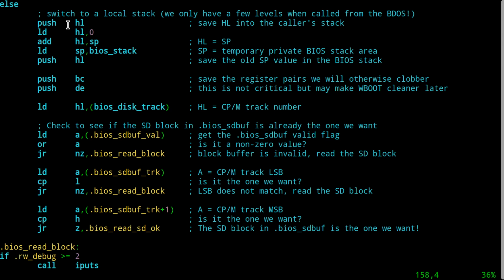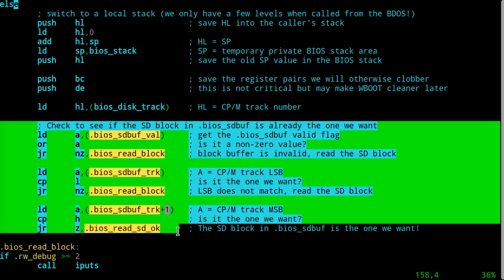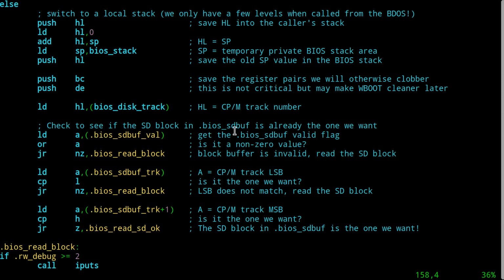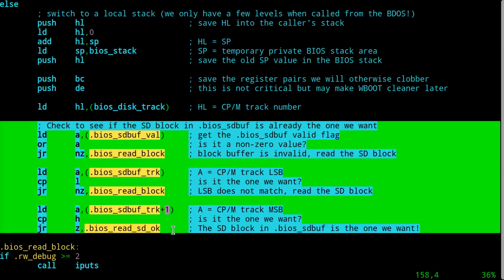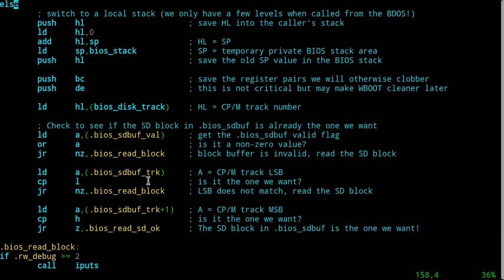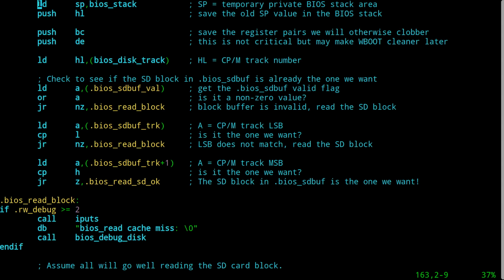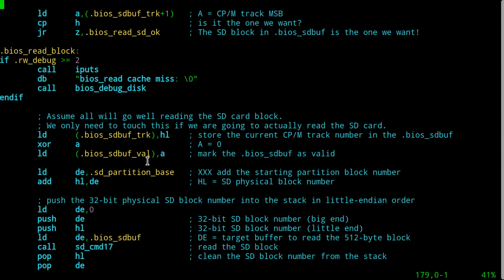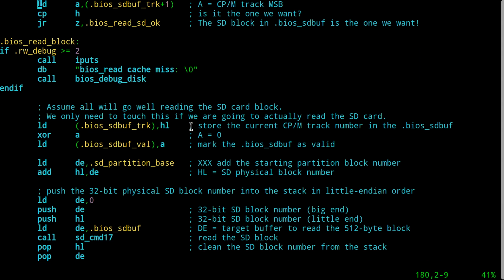We're going to, for the most part, still need this code. But down here, when it says, oh, I want to see if the SD card is in the buffer and so on, this is where our new cache logic goes. For the most part, selecting the RAM bank and stuff like that. Then there's some debug.